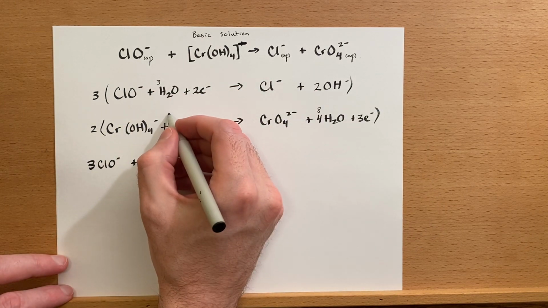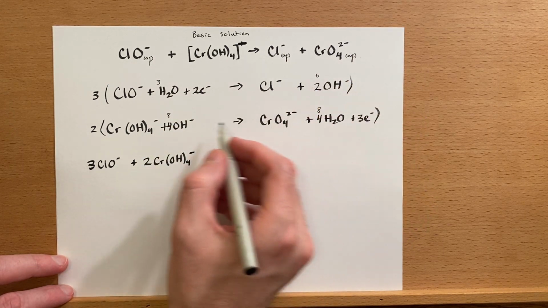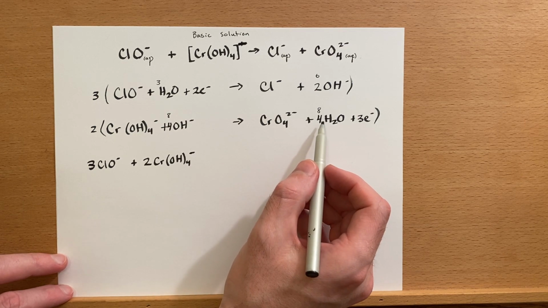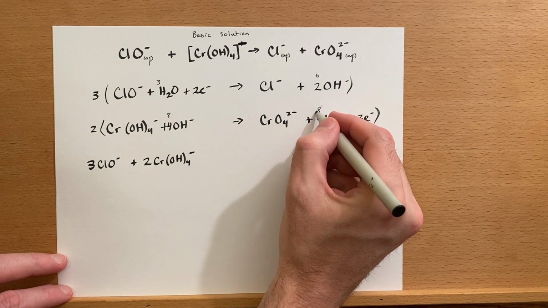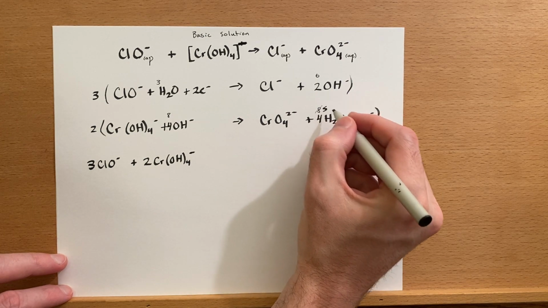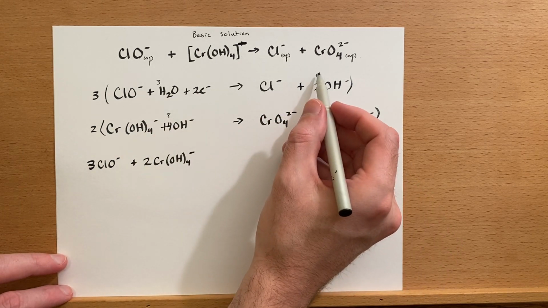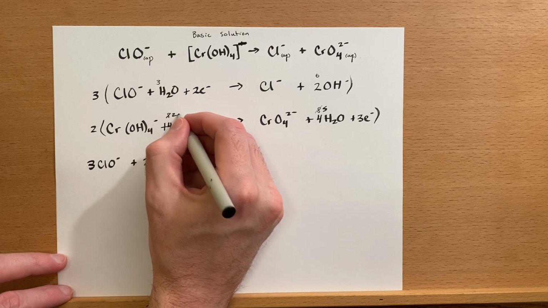And this is going to be 8 hydroxides, and this will be 6 over here. So we're actually going to have 3 goes to 8. That's actually going to be 5 in the end, all right, because 8 minus 3, that's 5. And in this case, that will go away, and this will go down to just 2.